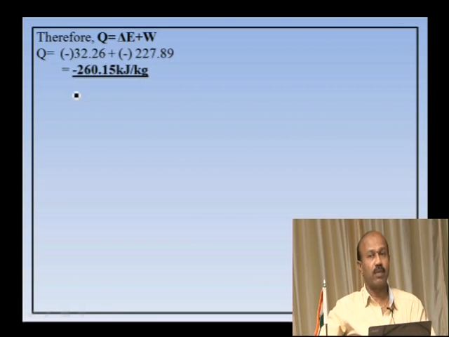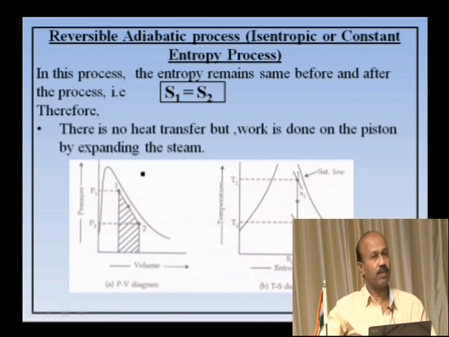Together we have minus 260.15 kilojoules per kg of heat transfer. That means initially it is 0.8, after the process 0.73, both the conditions are wet, but the quality has reduced. Therefore, all the answers, delta E, delta H, work done, heat transfer, are all negative, right. So these are the problems on a hyperbolic process.